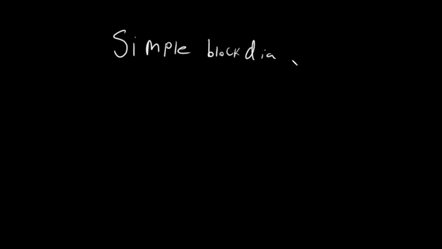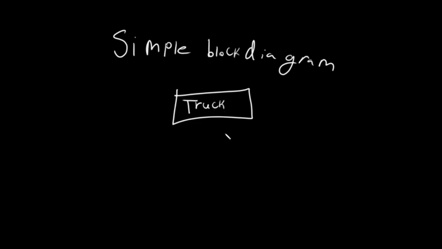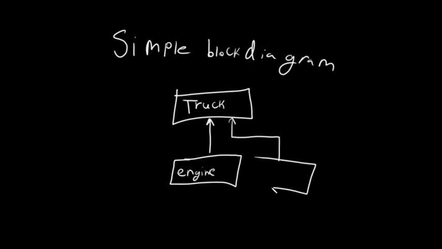Now, let's start a quick representation with, for example, a truck. The way that this diagram will work is we start with the main components. So we'll start off with the truck. Let's see components that connect with the truck. First, we have the engine that connects to the truck. Then we also have the transmission that connects to the truck, right?